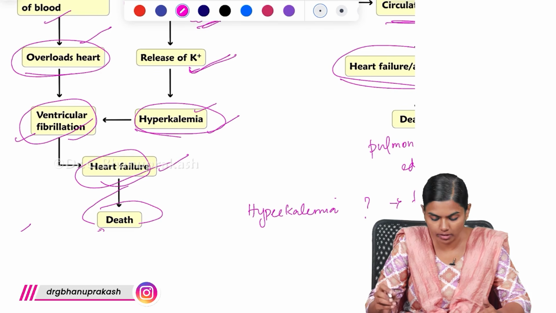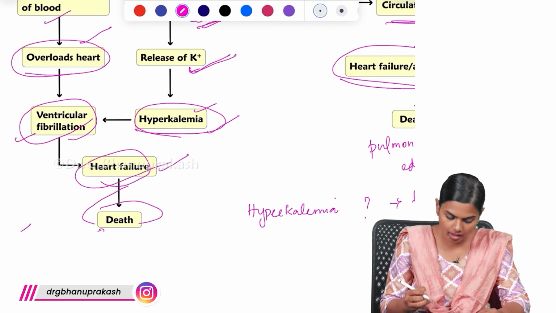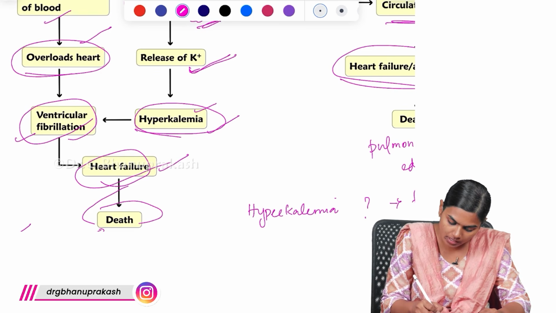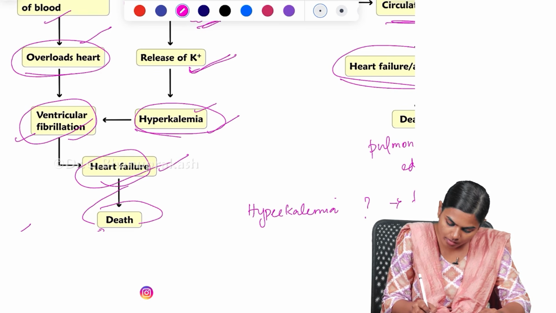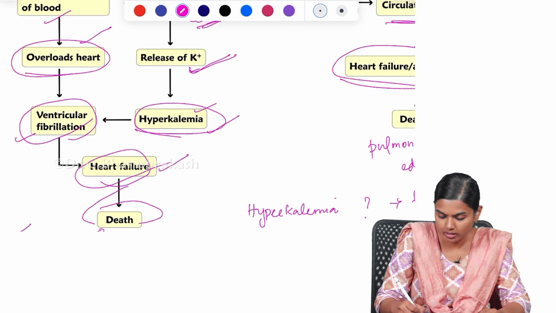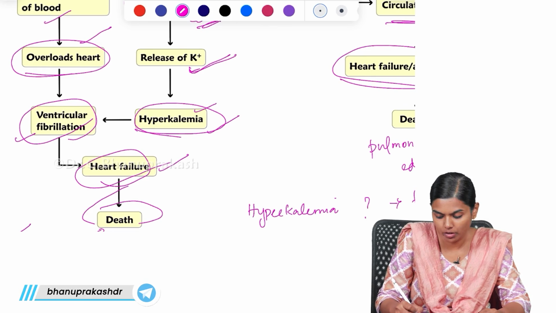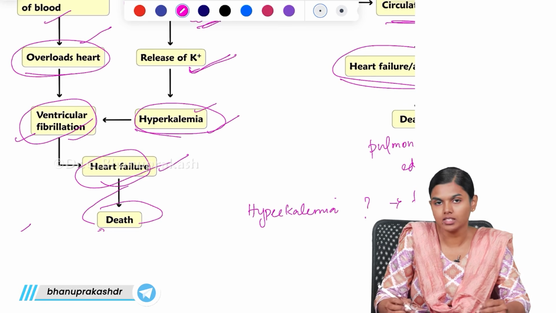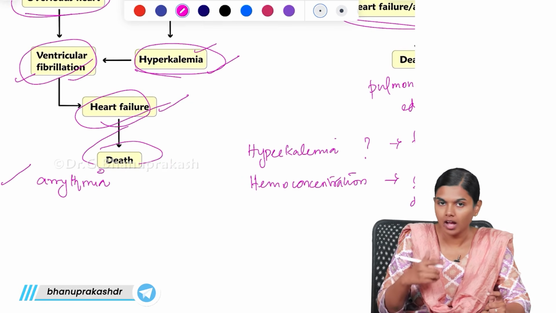That is freshwater drowning. Then they can ask you something like where you will be seeing hemoconcentration. That would be saltwater drowning. Saltwater or seawater drowning, you will be seeing this hemoconcentration.